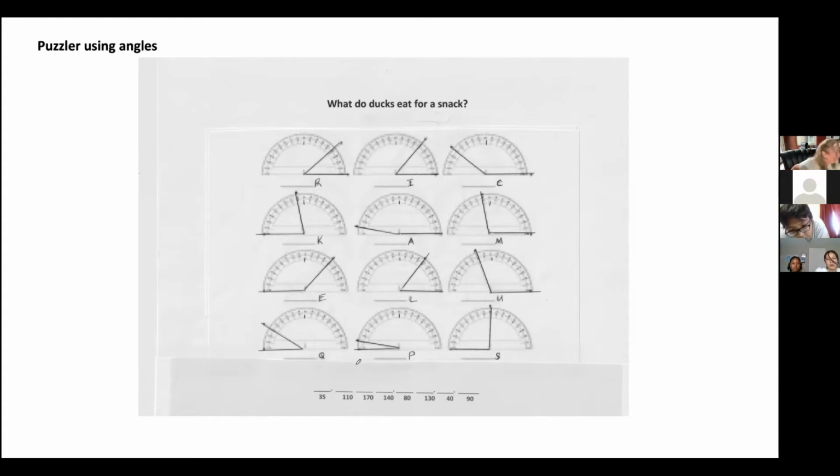Where am I? Here it is. You getting it? Who's got it? Don't give me the answer, just say I've got it. Where'd that go? Same sheet.